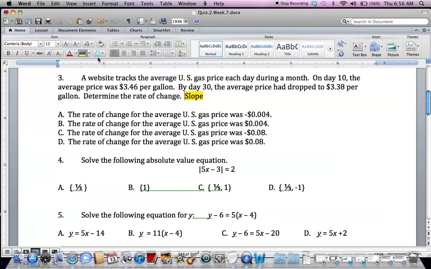All right. So looking up here, we want to find the slope. So think about this. On day 10, it was $3.46. And on day 30, it had dropped.